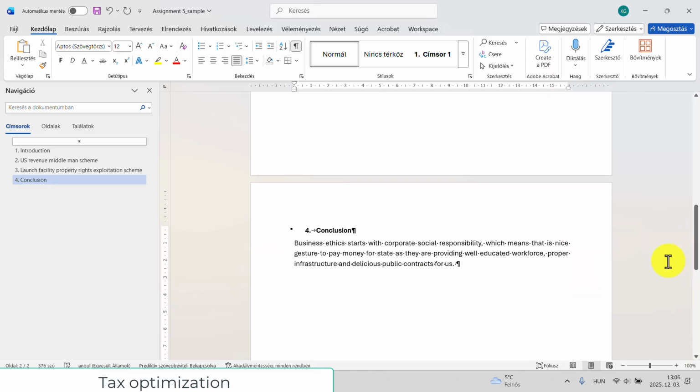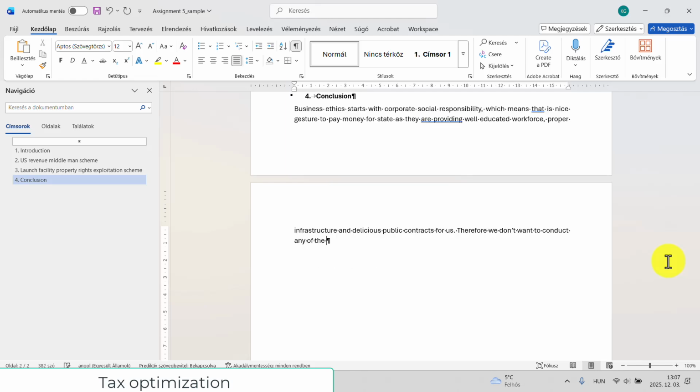Therefore we don't want to conduct any of the aforementioned tax optimization schemes.